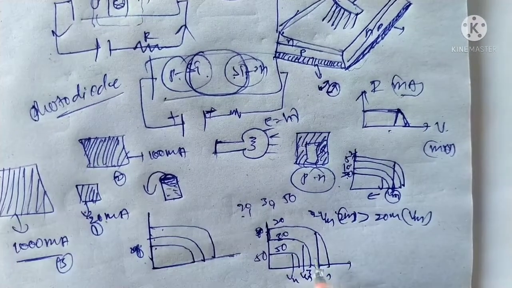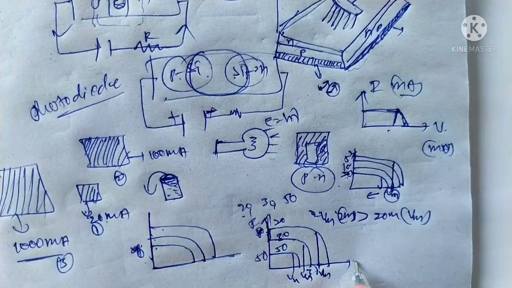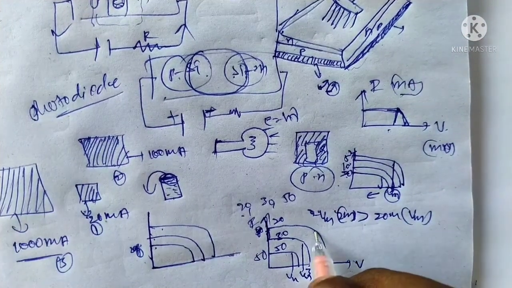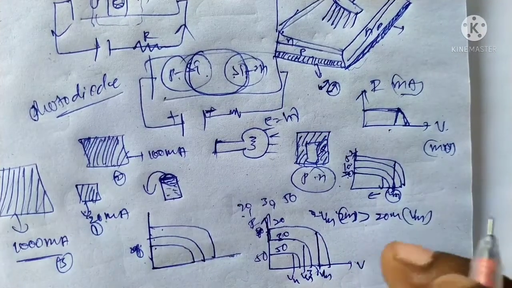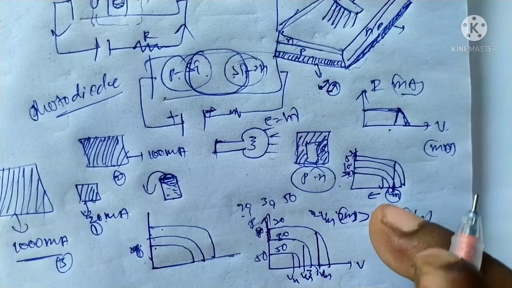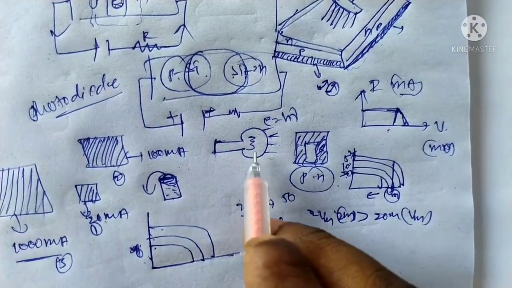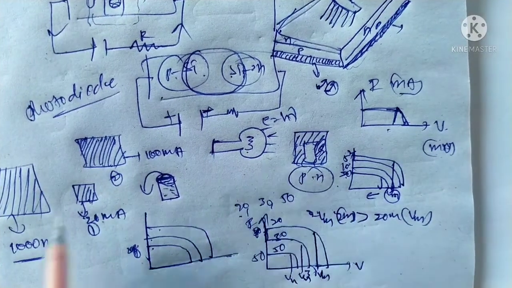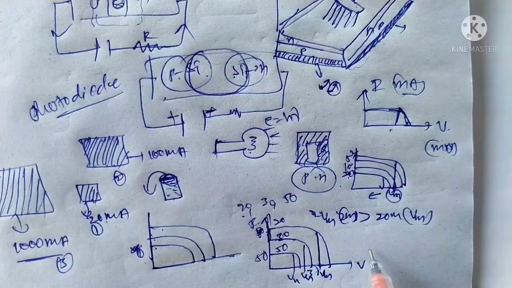This is the VI characteristics of a solar cell, current versus voltage, and this is the maximum voltage. Maximum voltage means up to a certain voltage, the capacity of the solar cell is at its maximum. That depends upon the distance between the light source and the solar cell, the size of the panel, and the material.